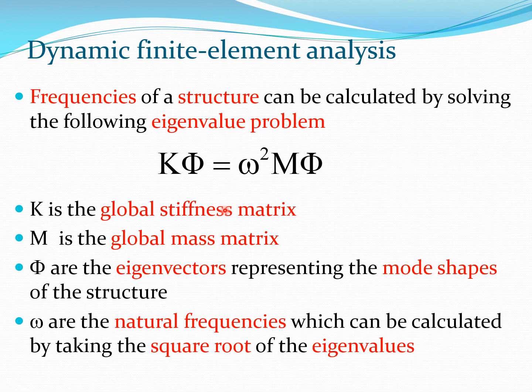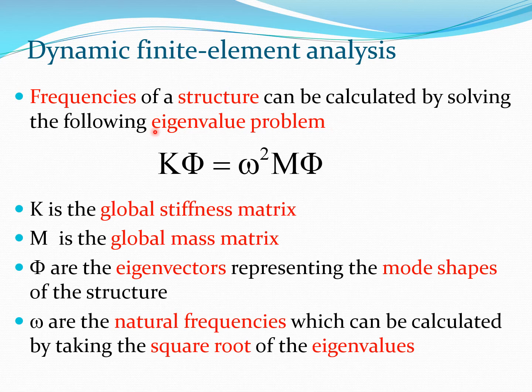Now let us look at the dynamic problem. In the dynamic problem of a structure, you typically have to solve a problem such as given here, that is k phi equals omega square m phi, where k is a global stiffness matrix, m is the global mass matrix, phi are the eigenvectors representing the mode shape of the structure, and the omega are the natural frequencies, which are the square root of the eigenvalues.